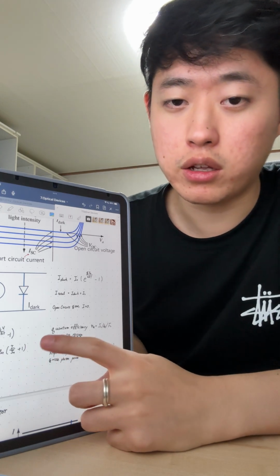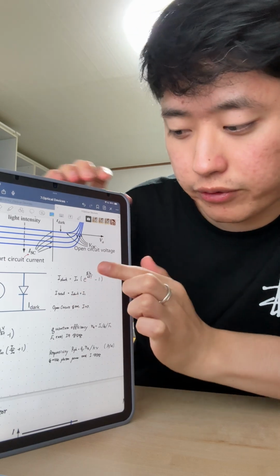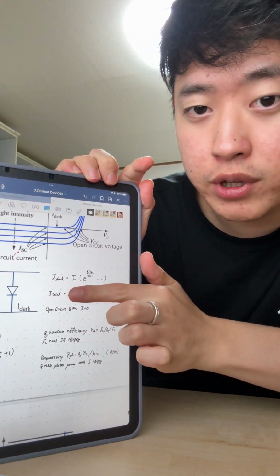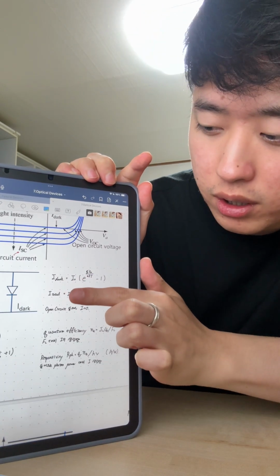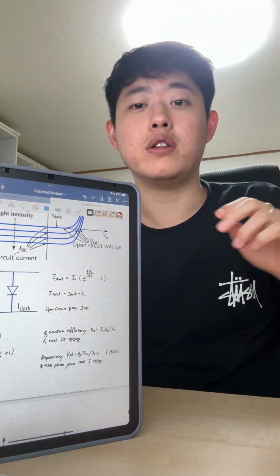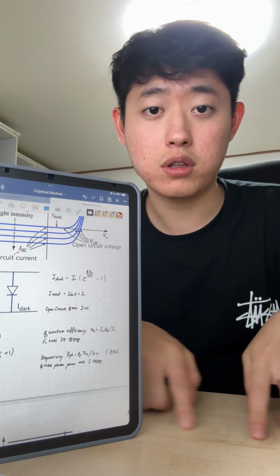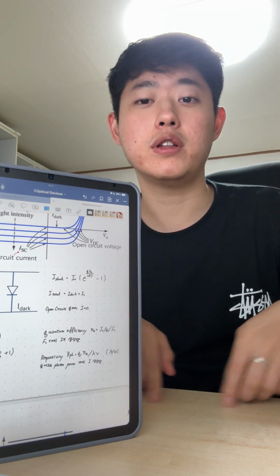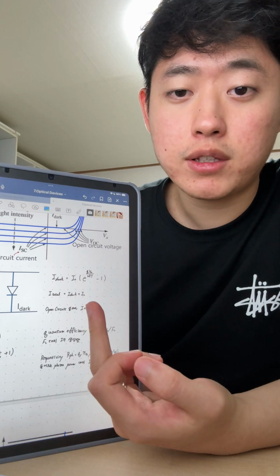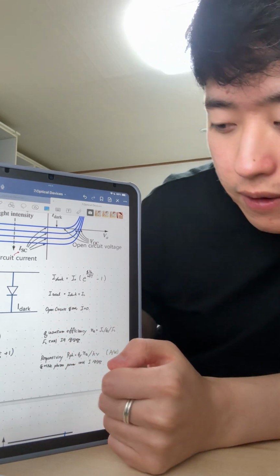So this is the dark current, like this, very exponential, and I total is the dark current, and when light hits the device, it makes current. So light current and dark current added is the total current.